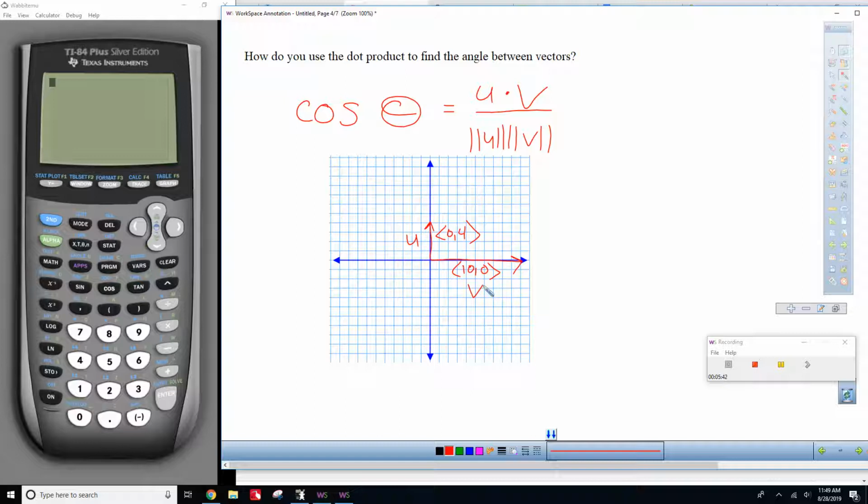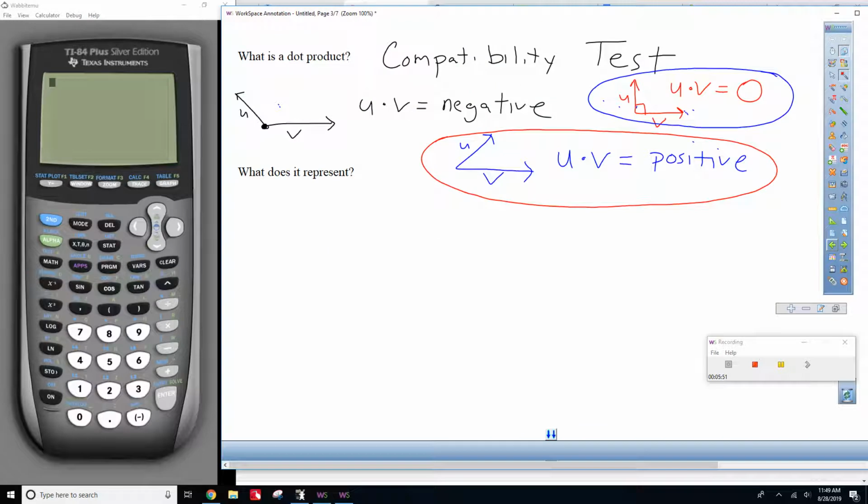Okay, so we would say the cosine of theta is u dot v. Oh, did I tell you how to do a dot product? I didn't. So let's tell you how to do a dot product. Let's just do an example. It's very simple.